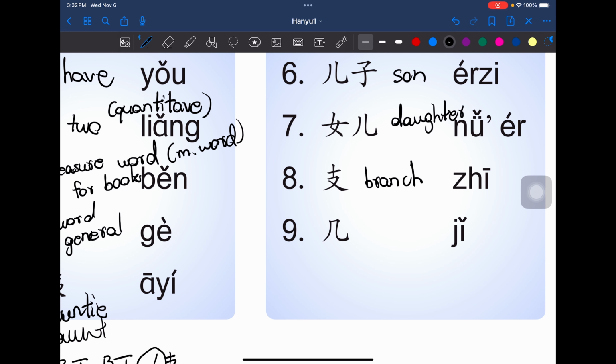Okay? And next we have 几. 三声 几. 几 also has several meanings depending on the context, but you can either use it as a question or as a word for abundant.